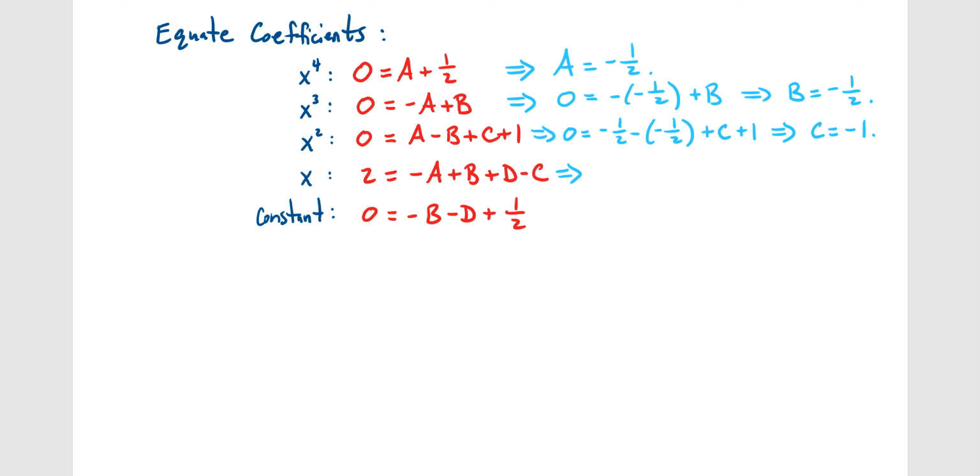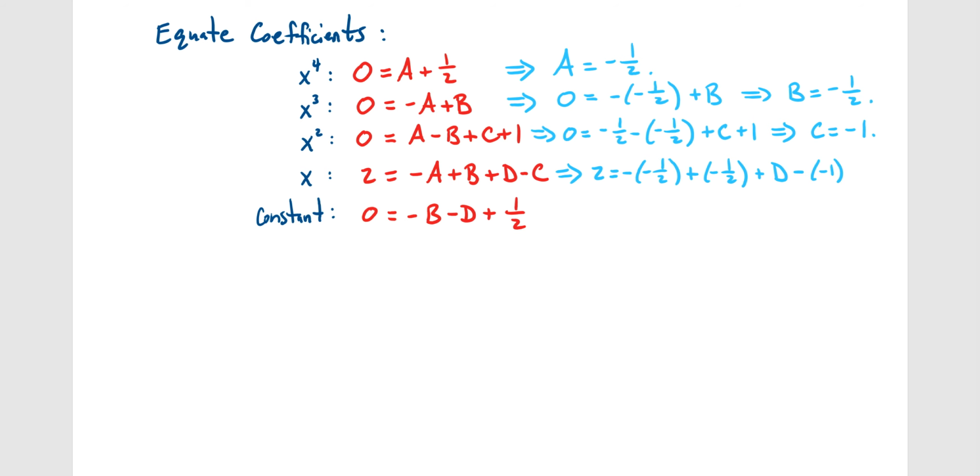And for this last one, it looks like we can just solve this directly for d. We don't even need the constant one. So we get 2 equals negative 1/2 plus negative 1/2 for b plus d, which is what we're looking for, and then minus negative 1 for c.